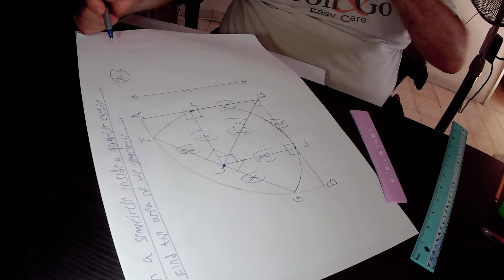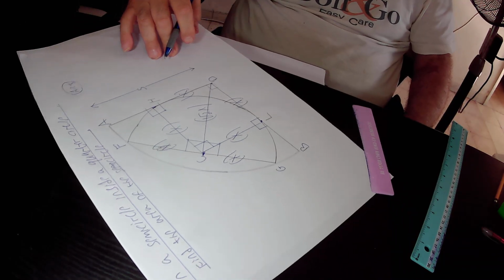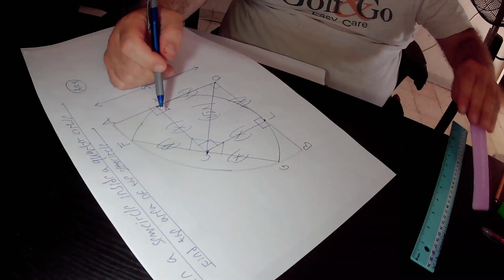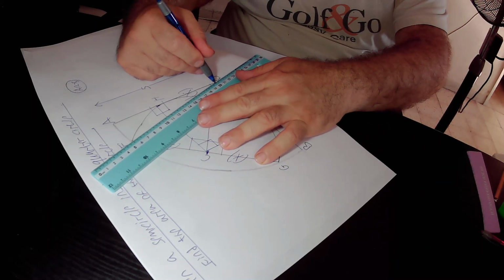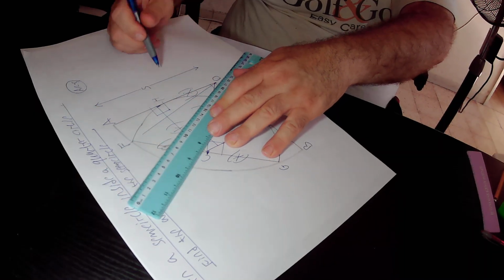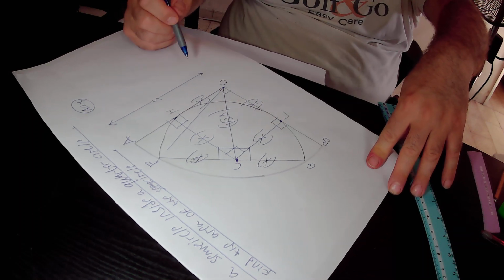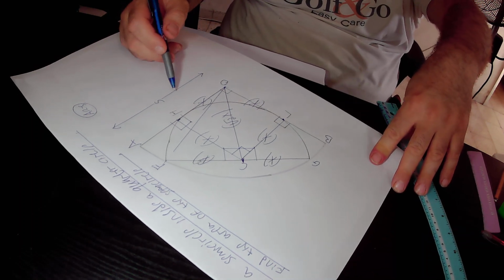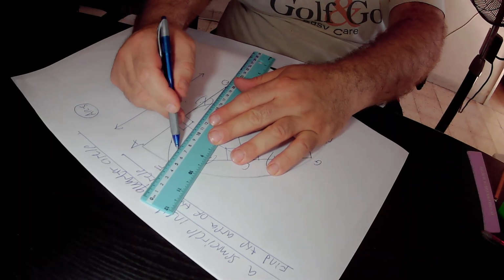So in the next step, we will join points O and F together by a straight line. We know that the radius of this quarter circle is equal to 5 units, because OA equals 5. So what is the definition of line segment OF?